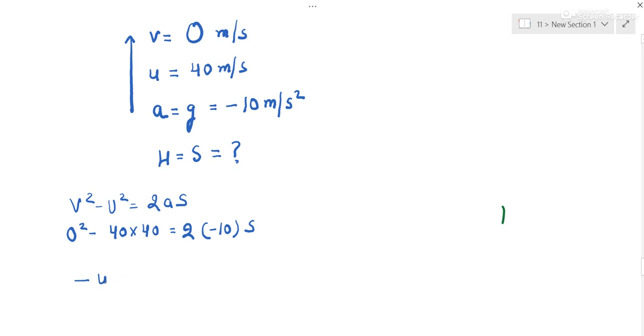So minus 40 into 40 is equal to minus 2 into 10 into height. So you can see minus will be cancelled. This is 20 and 40 into 40 divided by 20 is 80. So the maximum height is 80 meters. This is one part of the question.